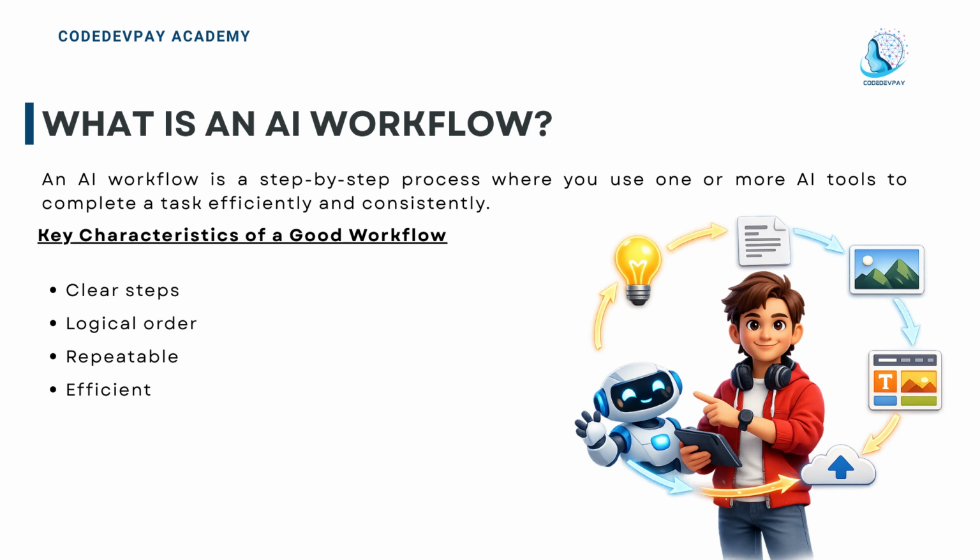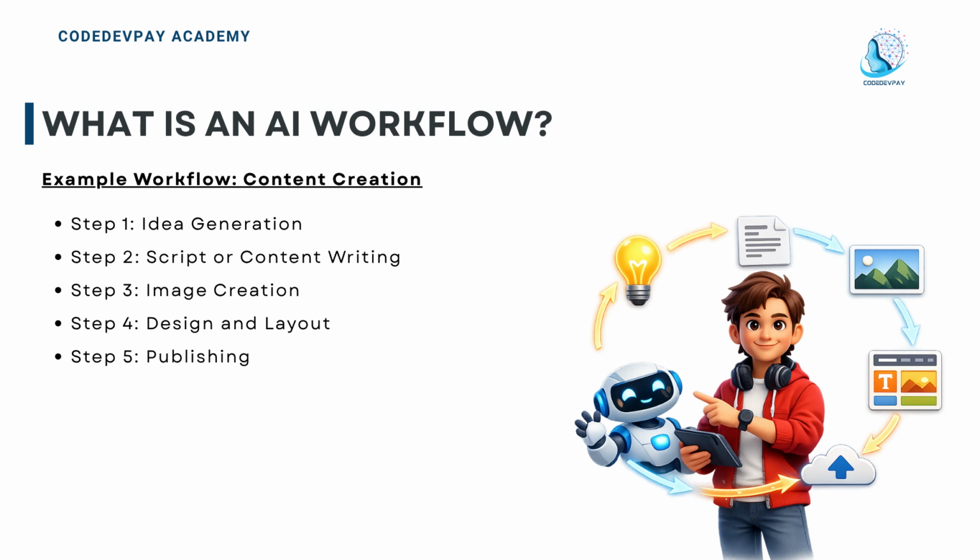So let's look at an example AI workflow that you can try. Let's say we want to create content. The first step is idea generation. The second one is script or content writing. The third one is image creation. The fourth one is design and layout.